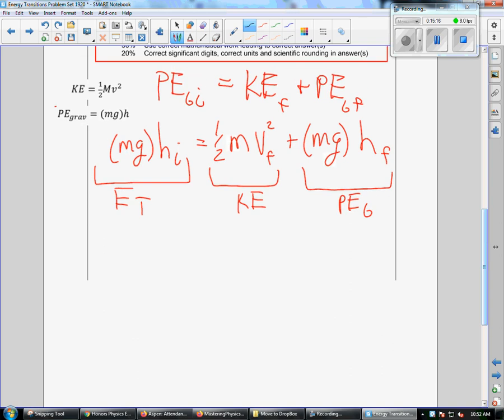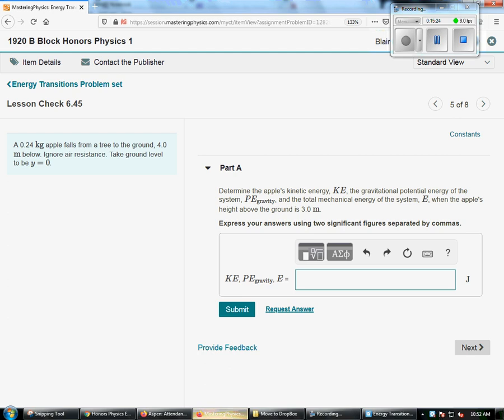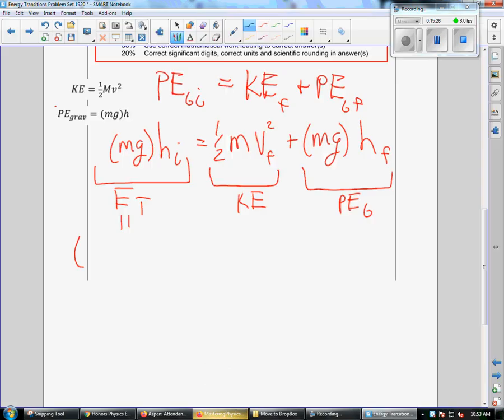So for my energy total, do some weird math notation here. The mass, 0.24, whoops, 0.24 kilograms on Earth, 9.81 newtons per kilogram, and it's at a height of 4.0 meters.